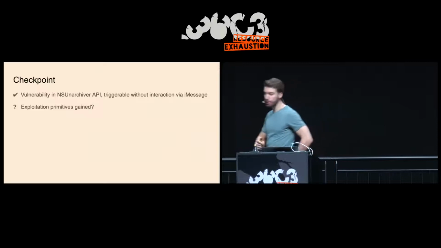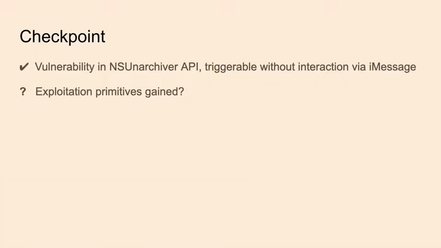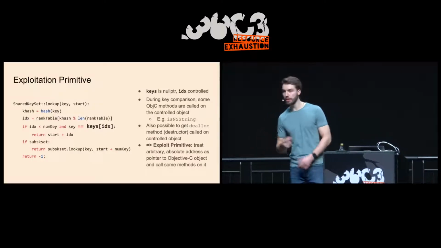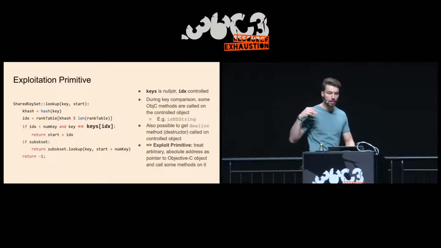I have these checkpoints just to think where we are. So we now have a vulnerability in this NSUnarchiver API. We can trigger it through iMessage. So what exploit primitive do we have? Let's take a look again at the lookup function which we saw before. So here, where it's bold, this is where we crash. Keys is a null pointer, index is fully controlled, so we can access null pointer plus offset.